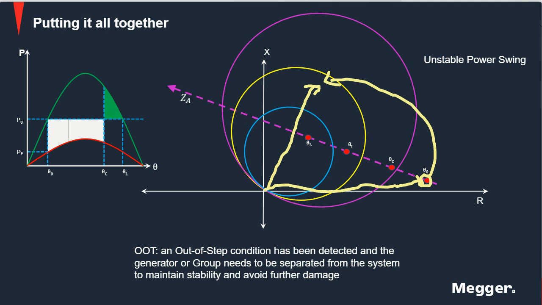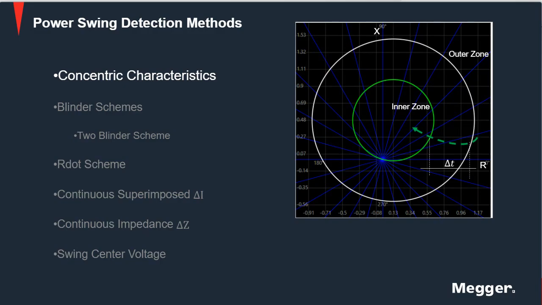But when you have a power swing, that movement happens ever so slowly, because we are talking about the inertia of large machines, which is one of the reasons why the power swing occurs in the first place. So the power swing doesn't allow the impedance to move very quickly across the impedance plane.